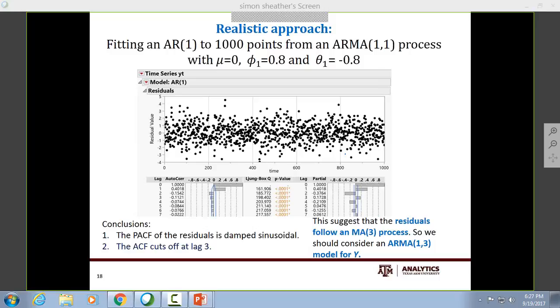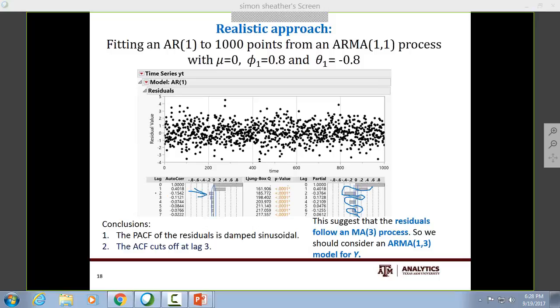Now, if we look at the residuals, what's left over, what process do you see in the ACF and the PACF? In the PACF, this goes on for many lags, doesn't it?